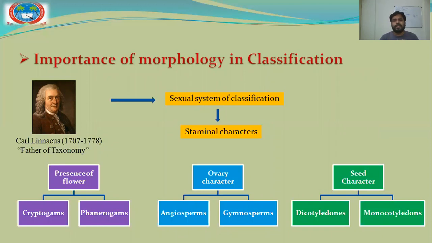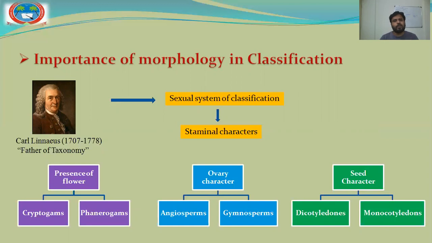So you can see staminal characters, he studied the morphological features of the stamens. What is the structure, what is the length, what is adhesion, what is cohesion, and on that basis he divided the plants into the 24 classes. Means he also considered the morphological characters for his classification.